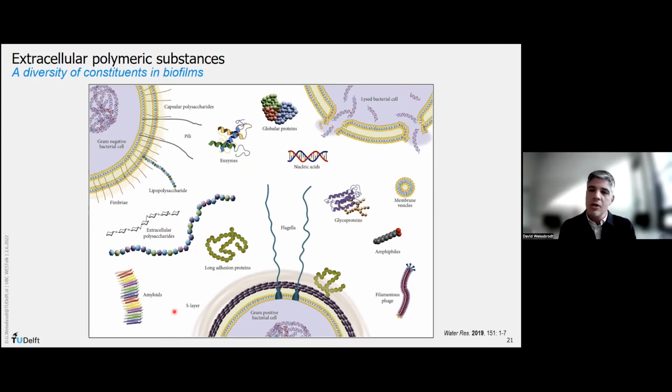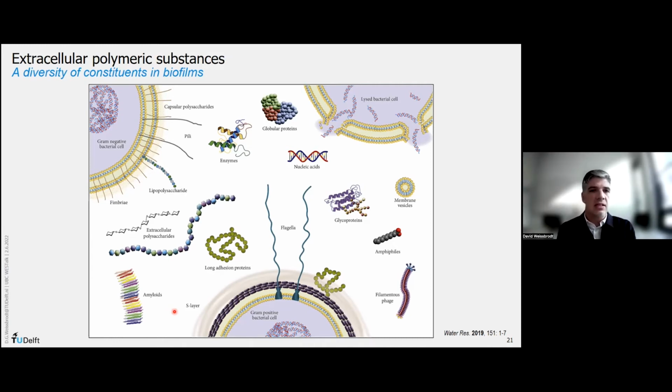So it's a zoo of microorganisms, and at the same time, it's a zoo of constituents. Microbial communities are very complex. Functional exopolymers, or functional extracellular polymeric substances, are also very complex. And therefore, it's very important to interact between scientists and also with engineers to address this complexity.